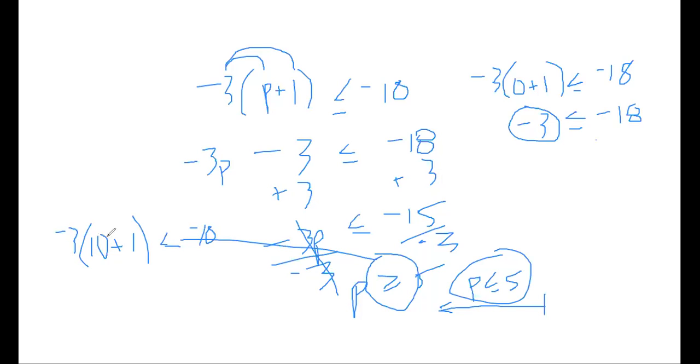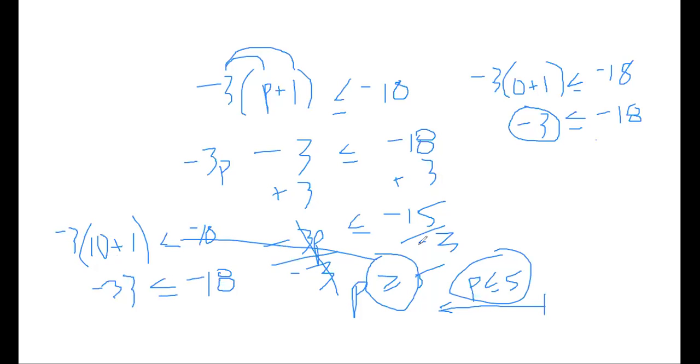If you notice, I'm solving the parentheses now because I have all numbers. 10 plus 1 is 11. Negative 3 times 11, negative 33. Now I have a true statement, because negative 33 is farther away from 0 than negative 18.